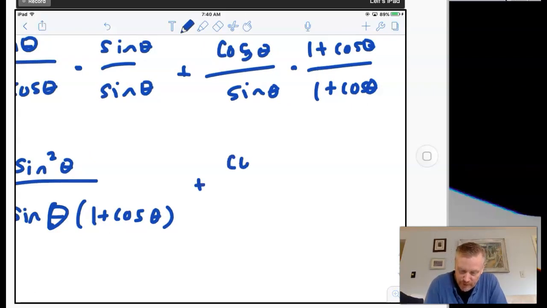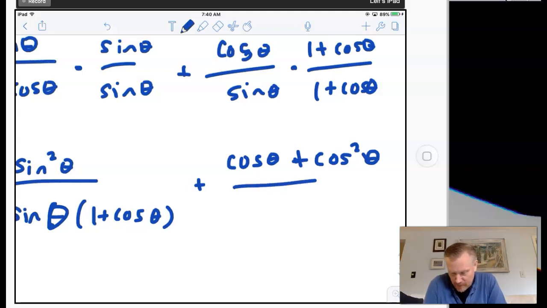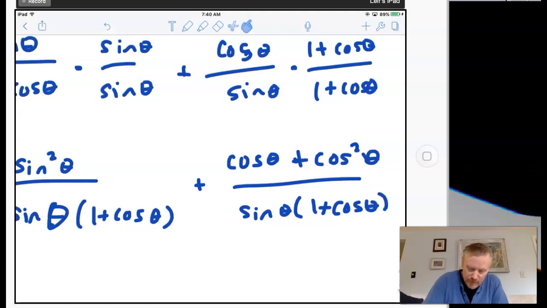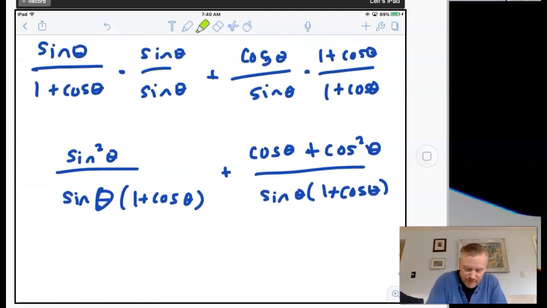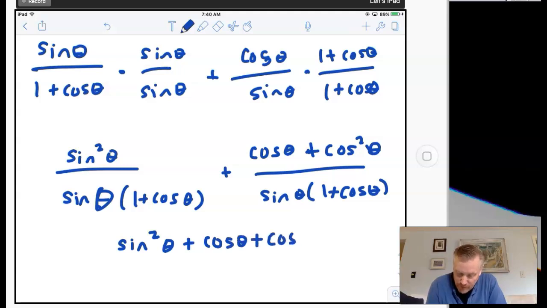This one, I get cosine of theta plus cosine squared of theta, all over the same denominator. So if I combine them together now, I add the numerators together: sine squared plus cosine of theta plus cosine squared of theta, all over the same denominator.